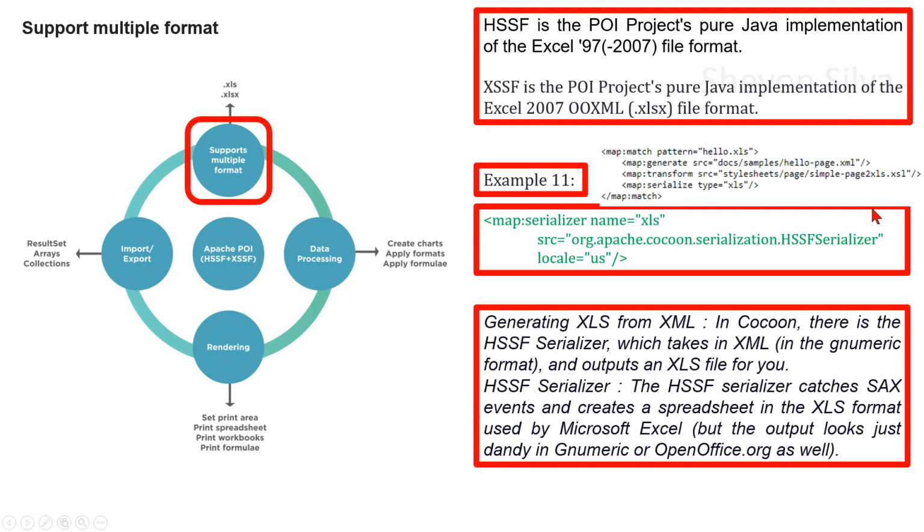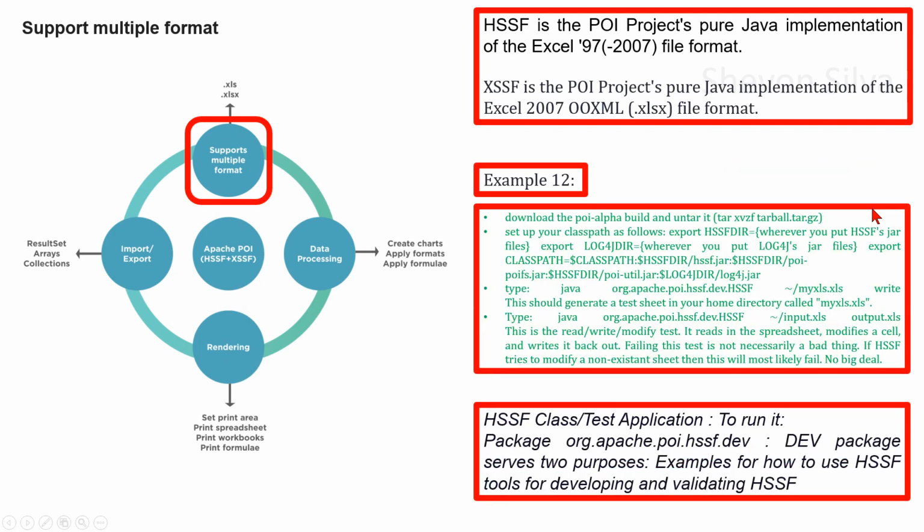The most important question now is what XML the serializer is fed. Now we are considering the HSSF class or test application. To run it, follow this. The package org.apache.poi.hssf.dev.